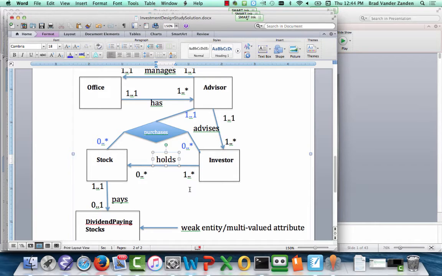If we don't have anyone invested in the stock, there's no reason to have it in our database. Therefore, the participation rate for the stock is 1. Whereas an investor, we don't require them to hold any stock. Maybe they're a market timer and they've sold out of their stocks. Maybe they're a new client and haven't had a chance yet to invest in any stocks, but 0 to many.